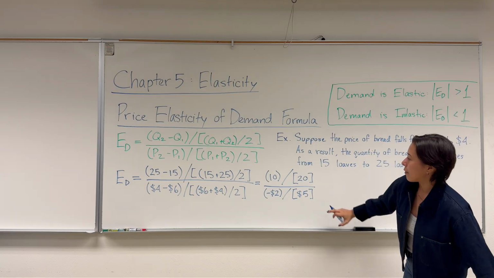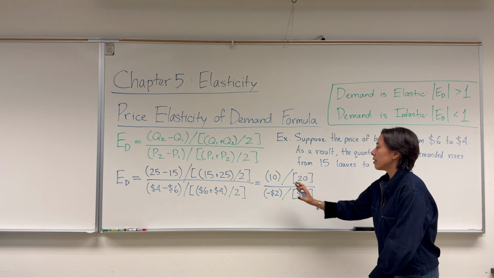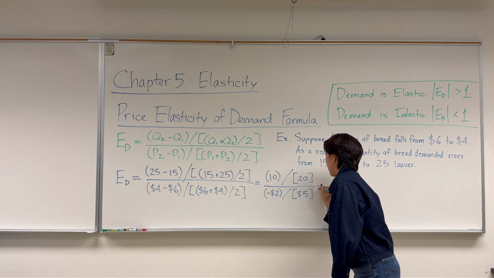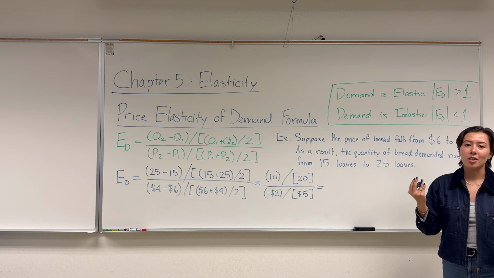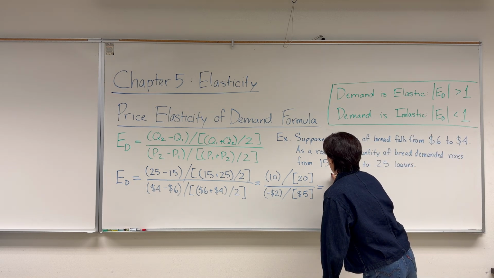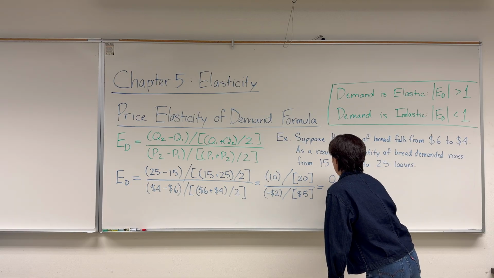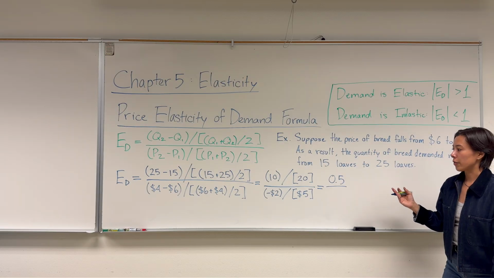All right, so now I have a fraction on the top and a fraction on the bottom. So now I want to simplify this even further. So 10 divided by 20 is going to be 1 over 2. So what I have in the top here is 1/2. And now on the bottom, I have negative 2 over 5.